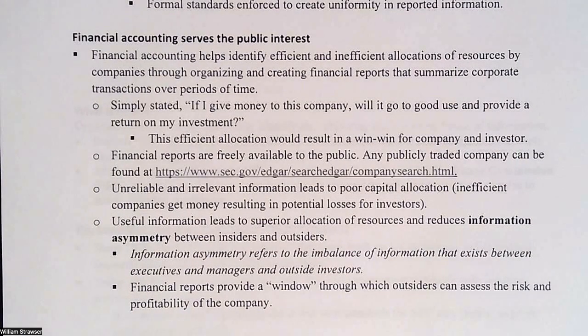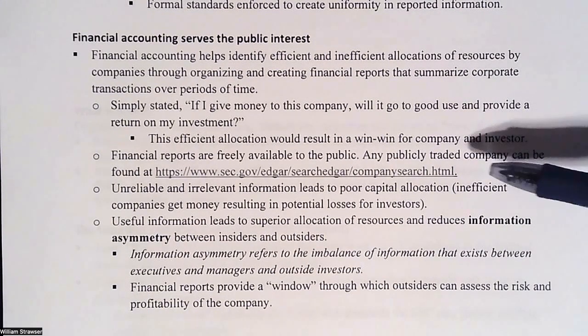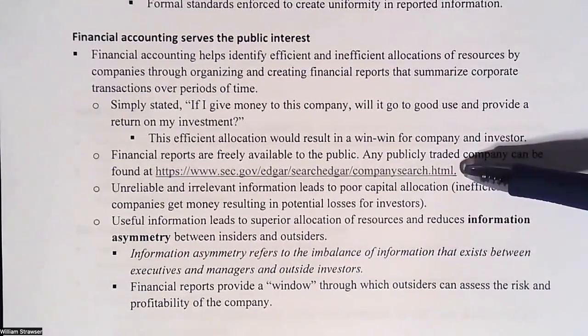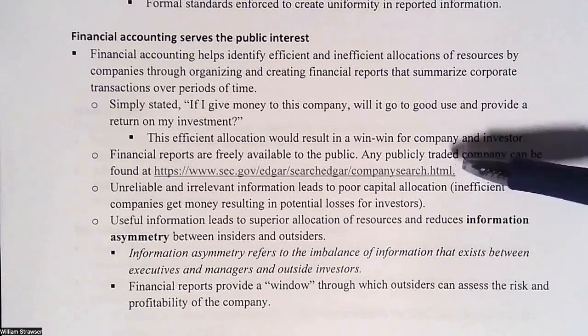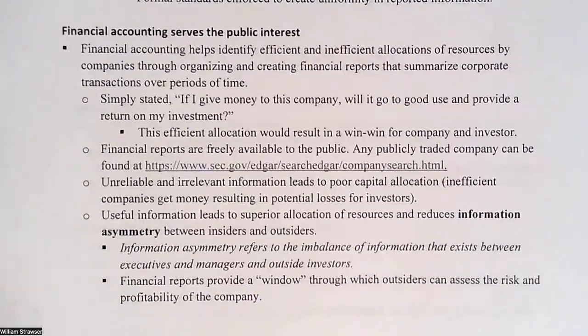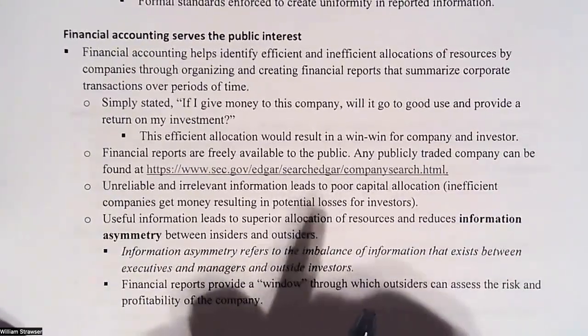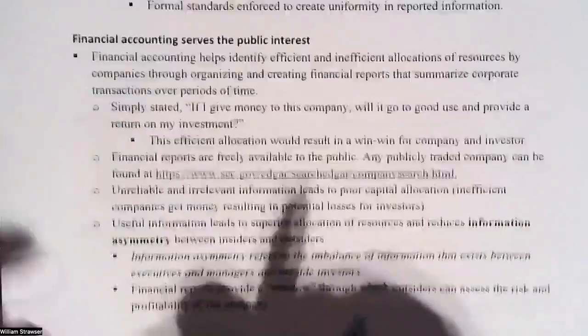So in order for there to be transparency for the company, financial accounting provides these reports to the public. It is publicly available. You can find all of these reports online through a search engine called Edgar on the SEC's website. Basically, it allows outsiders to see into the company.